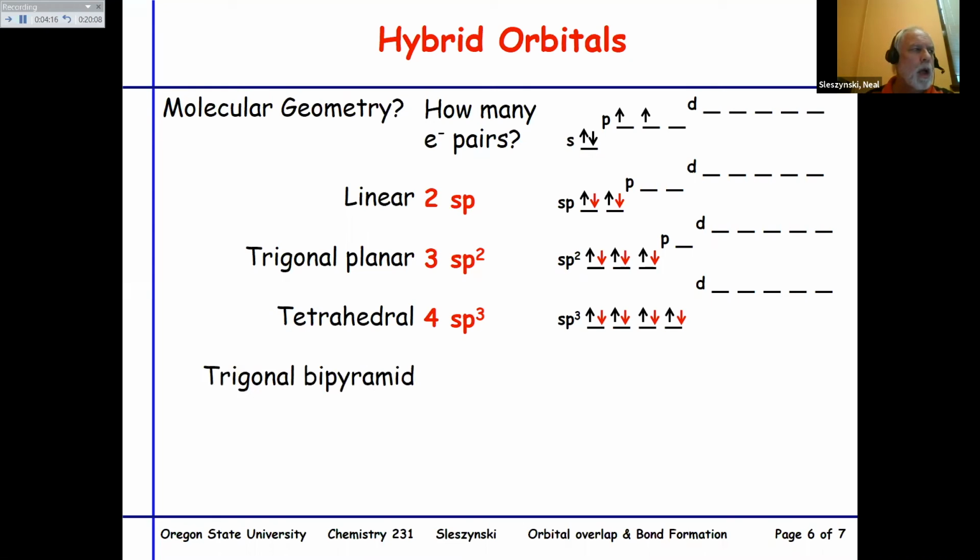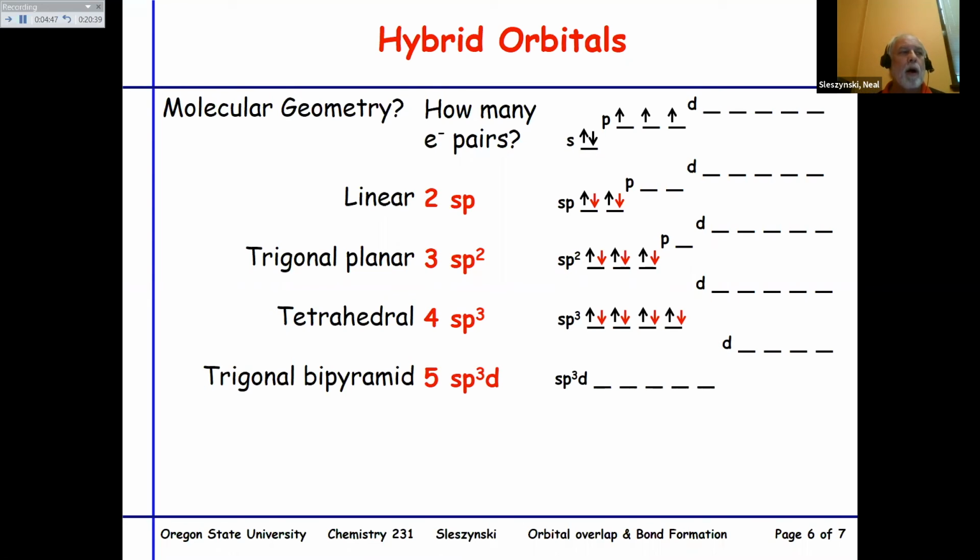How about trigonal bipyramid? Well, I've got five repelling electron pairs. If I go ahead and look at my atomic configuration, that's two electrons in the s orbital and three electrons in the p orbitals. But I need to create five orbitals that I can form molecular bonds with. Well, if I need five orbitals, that's an s orbital, three p orbitals, and a d orbital.